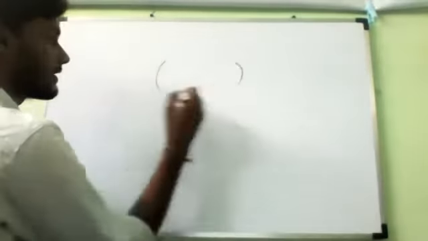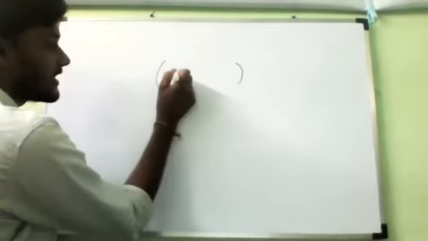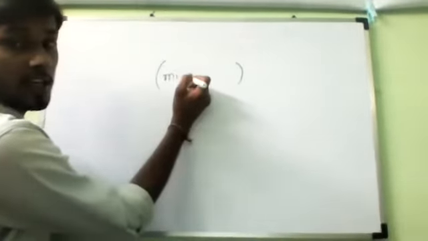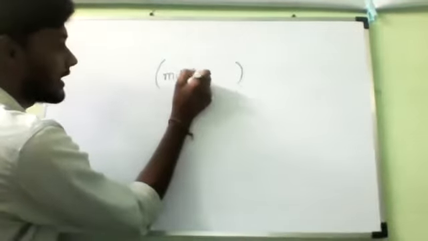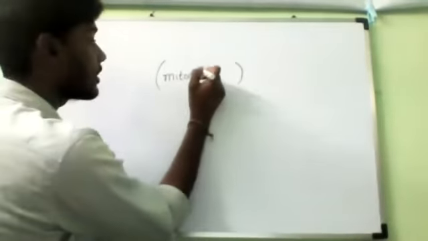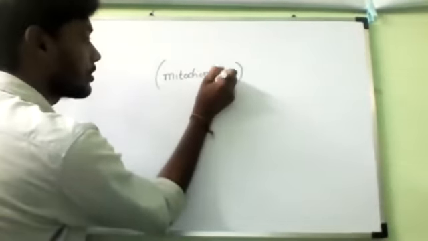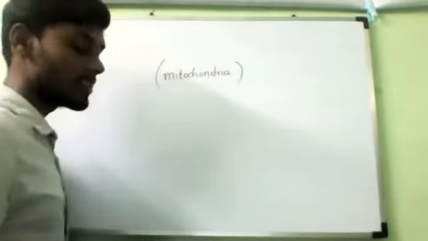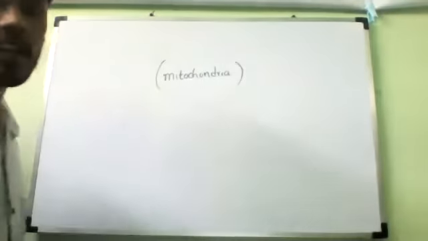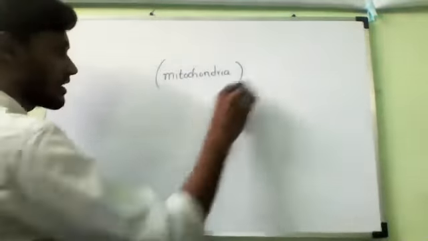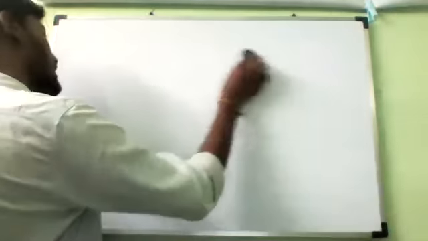Inside the bracket you should write the part inside the cell: mitochondria. Bracket you can write mitochondria so that you can understand that inside the cell, this process is carried out in the mitochondria. We will study the structure of mitochondria and how it takes place again.